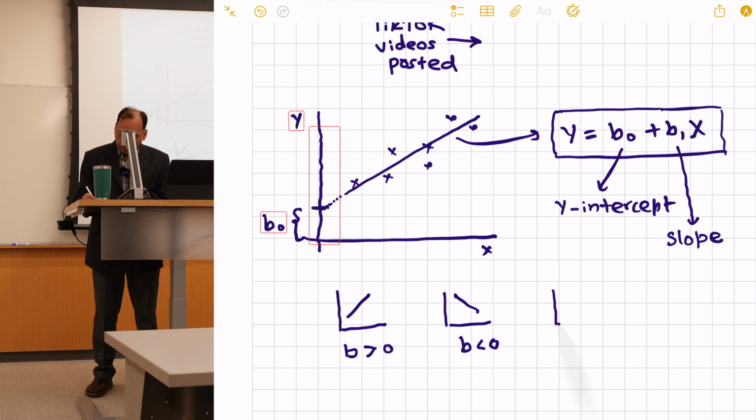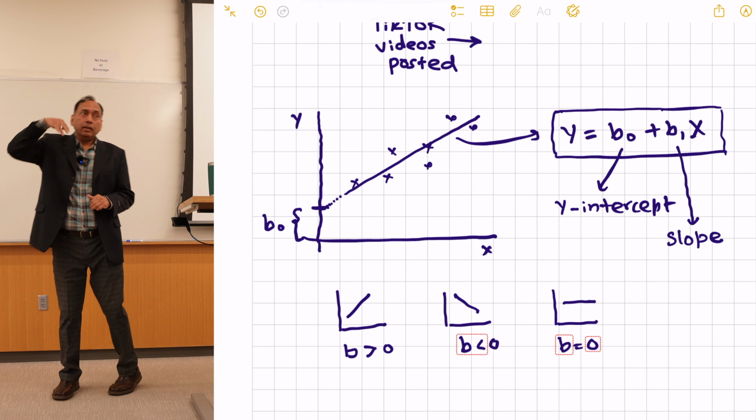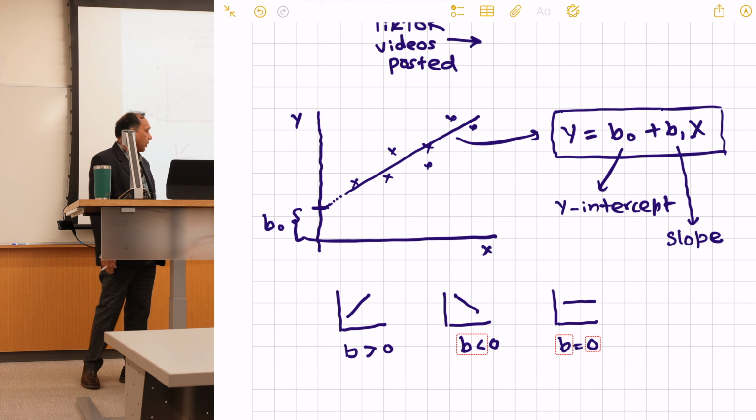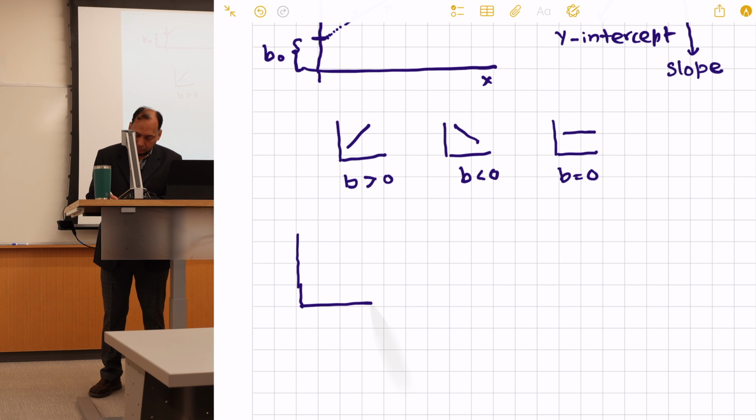Or if your straight line is flat, parallel to the x-axis, then the slope is 0. So slope is basically how steep or how flat the line is, and also the direction of the relation between two variables.